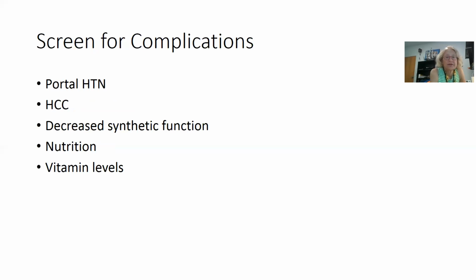And then we also screen for complications. Bile acids are toxic to the liver cells, so they can develop inflammation and fibrosis, as well as portal hypertension. Cholestatic diseases have a higher rate of hepatocellular carcinoma.